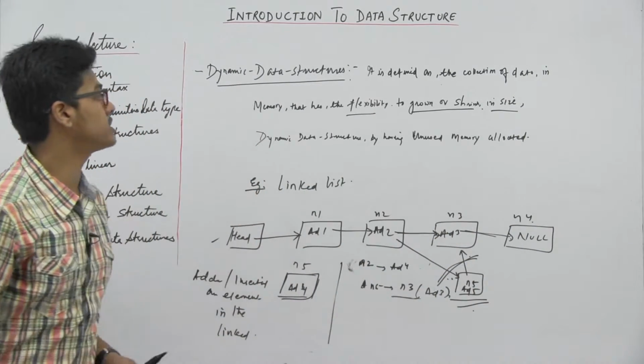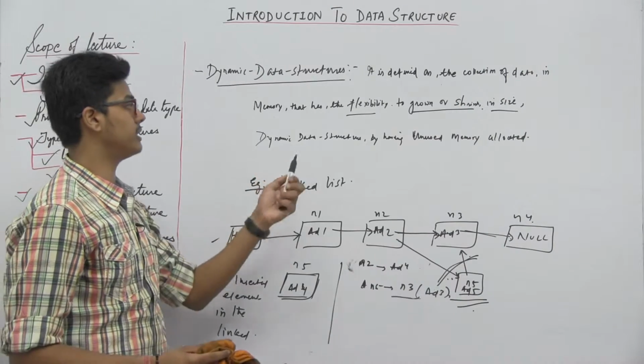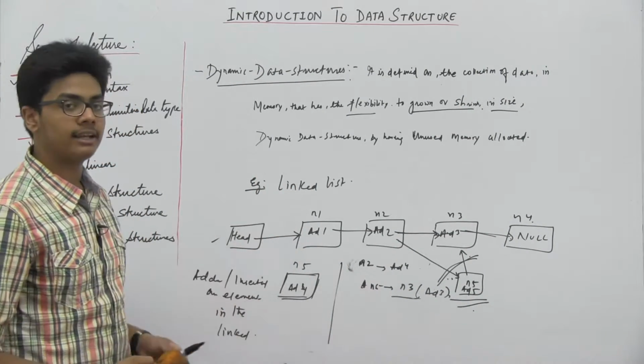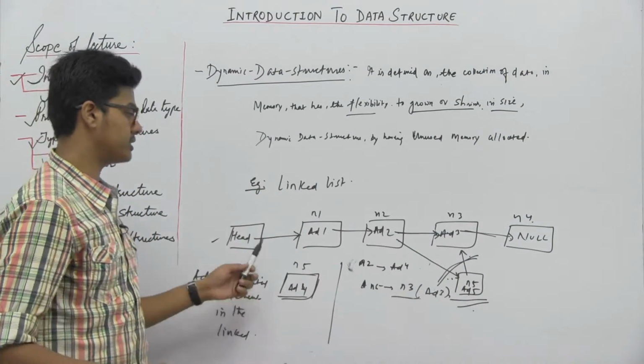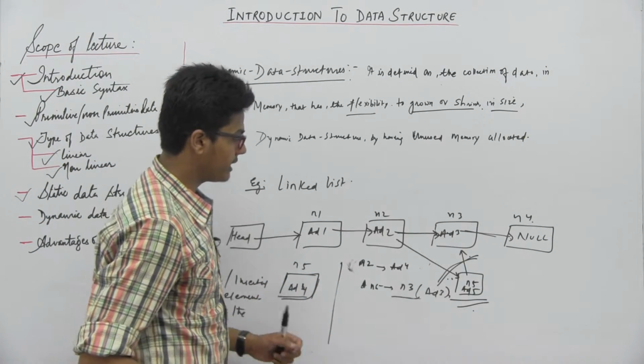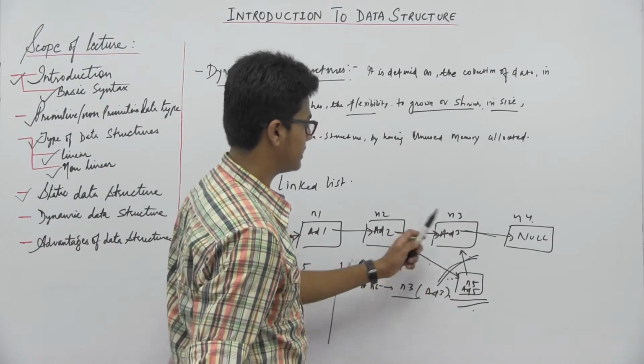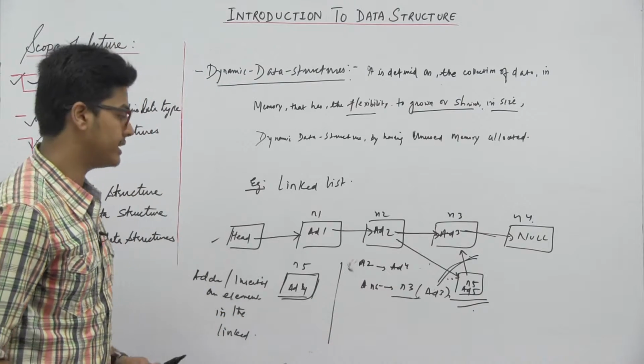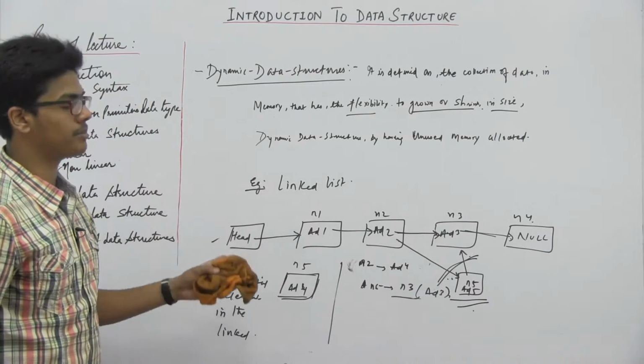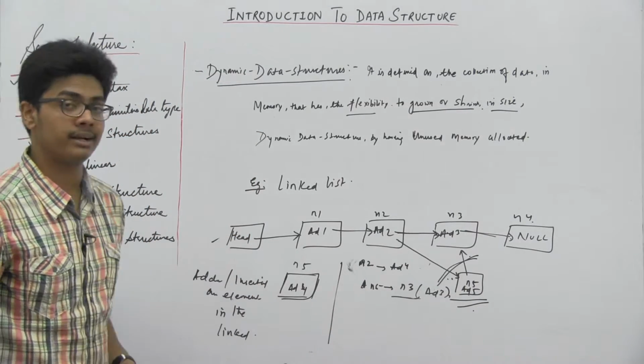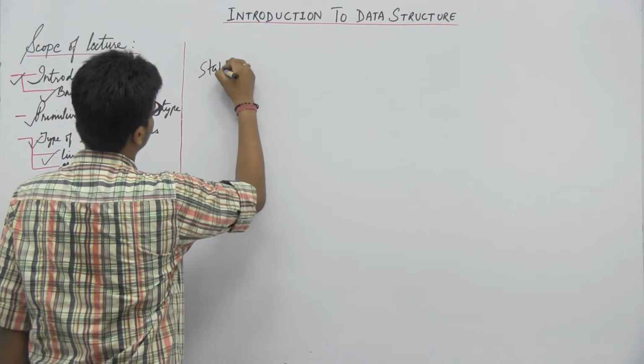So in the dynamic data structure, the memory is flexible to grow or shrink. When inserting an element the size increases, and when deleting an element the size decreases. So the linked list is a prominent example of dynamic data structures.